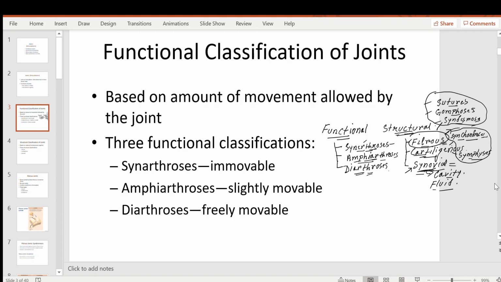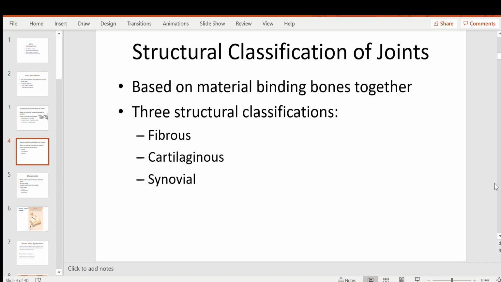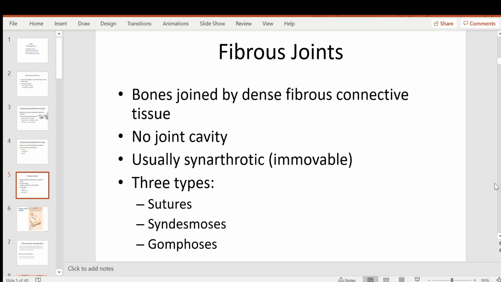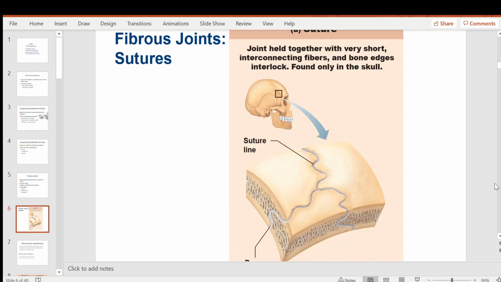Okay, here you see sutures. As I already mentioned, the cranial bones in the skull are attached to each other by the sutures. And if you see the joint, you will find very short connective tissue fibers like these hold the bones together.